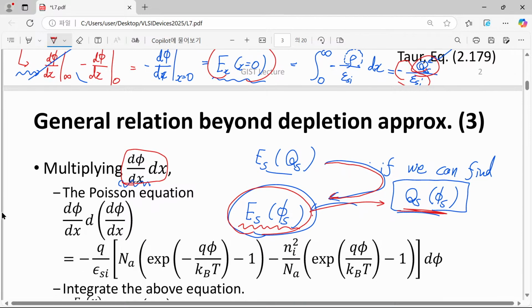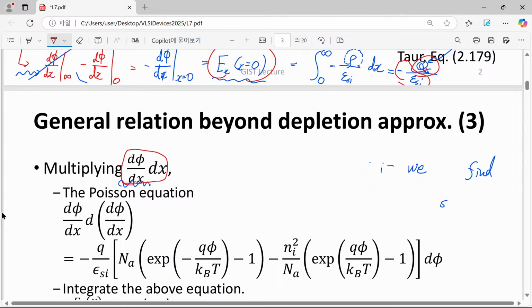That is a good question. As I told you repeatedly, the beauty of this planar system is that by doing this job for a planar system, we can find a clear relationship between surface potential and surface electric field.